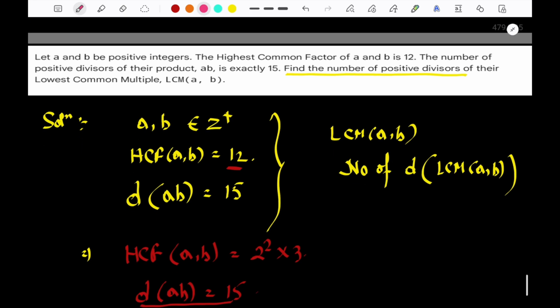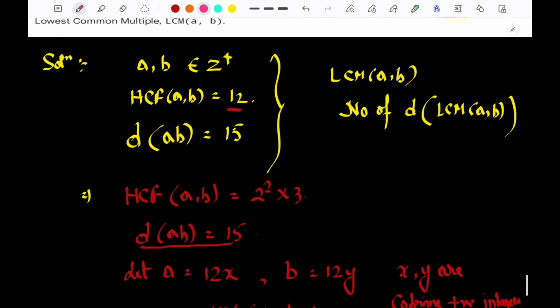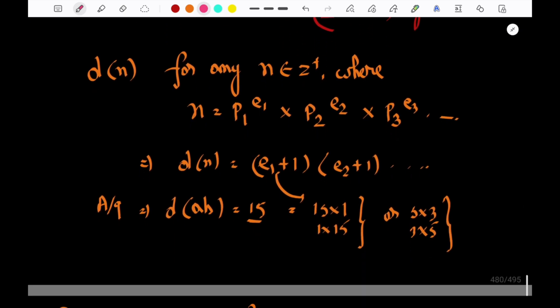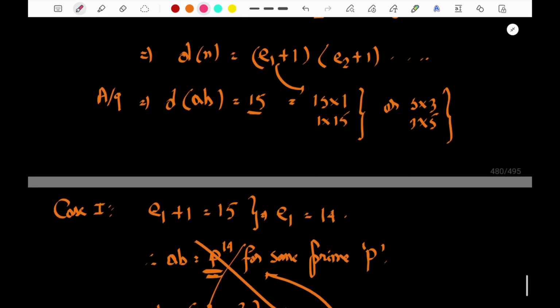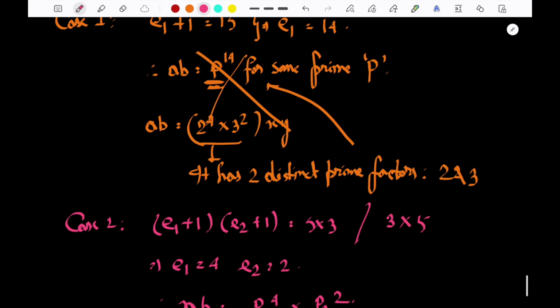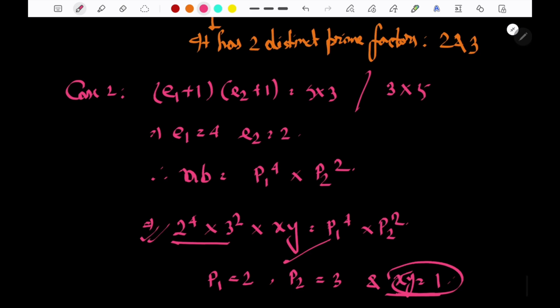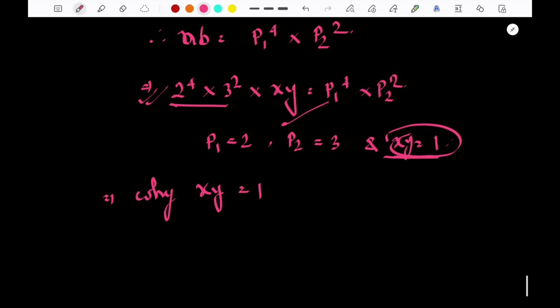So what we concluded: if HCF is given, A and B can be written in terms of their HCF, and we know how to find the number of divisors for any given positive integer. If these two are done, we derive the cases. In one of the cases, we got exactly P1 equal to 2, P2 equal to 3, but here xy is coming 1. But is this correct? If xy is equal to 1 and xy belongs to Z plus, we are required to see that x equal to 1 and y equal to 1.